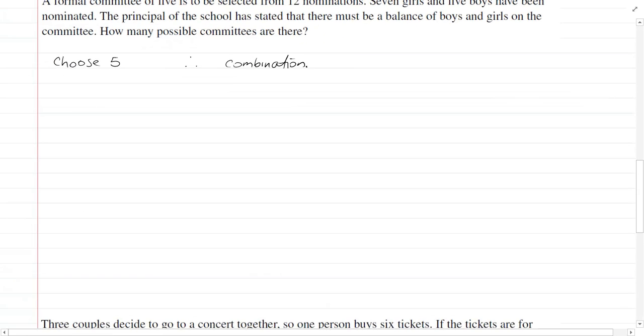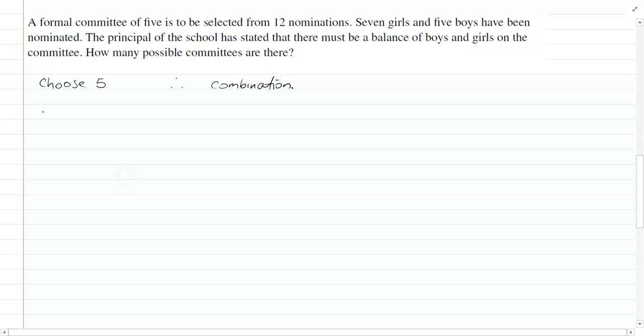And the first option will have us choose 2 boys, so it will be 5 choose 2 times choosing 3 girls, 7 choose 3. And the second option, so we add the 2 options together, 5 choose 3 times 7 choose 2, 2 girls.